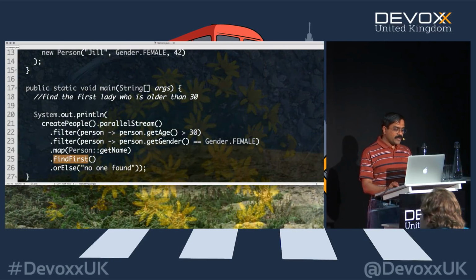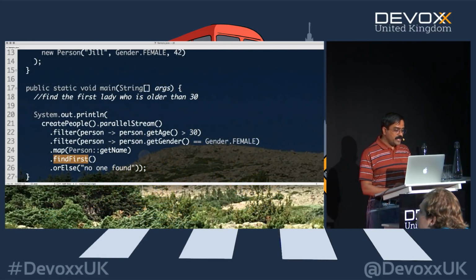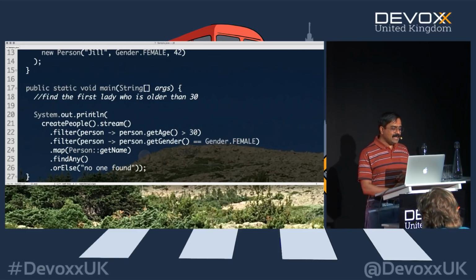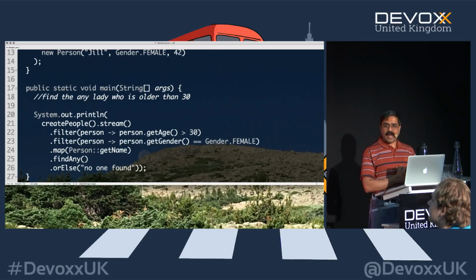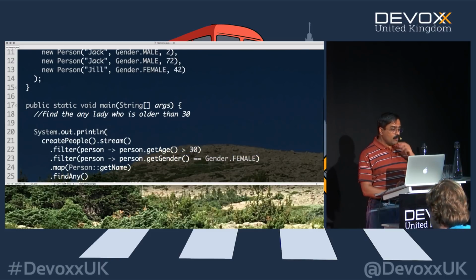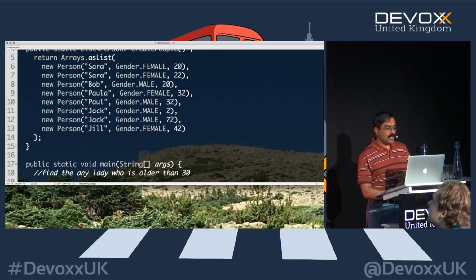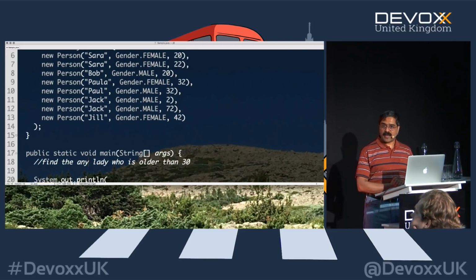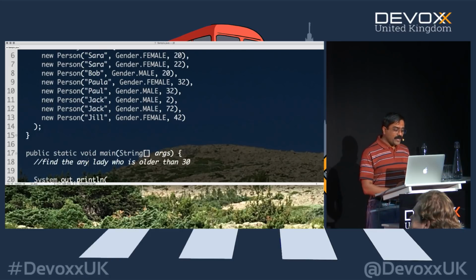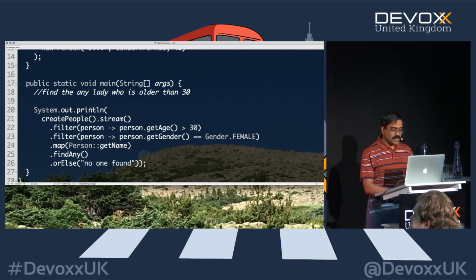But then on the other hand, let's take this back to sequential execution as a stream, but I say findAny. I want any lady, not the first lady, any lady who is older than 30. It turns out in this example, we got two people who qualify for that. We got Paula, we also have Jill. The question is, who are we going to get as a result?